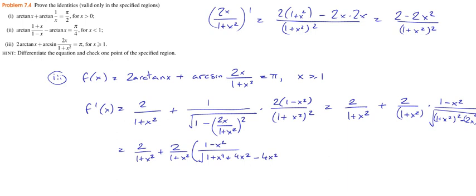Sorry, this is not 4, this is 2, 2x squared. Okay? And now this thing here, we have 1 plus x to the fourth minus 2x squared, which is the same as saying, in this case, this is 1 minus x squared, squared, right?